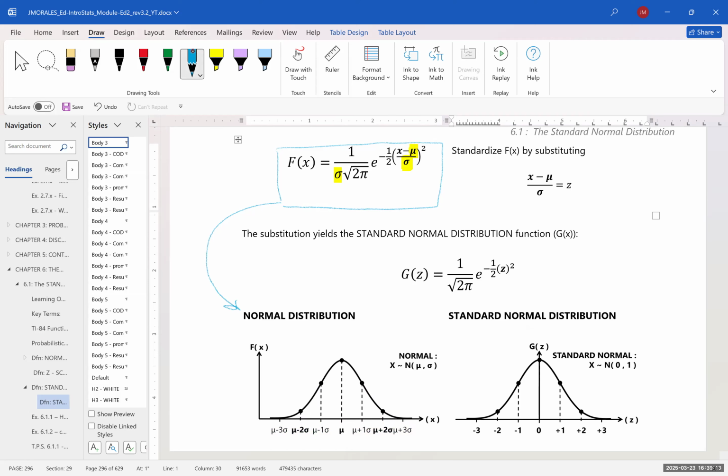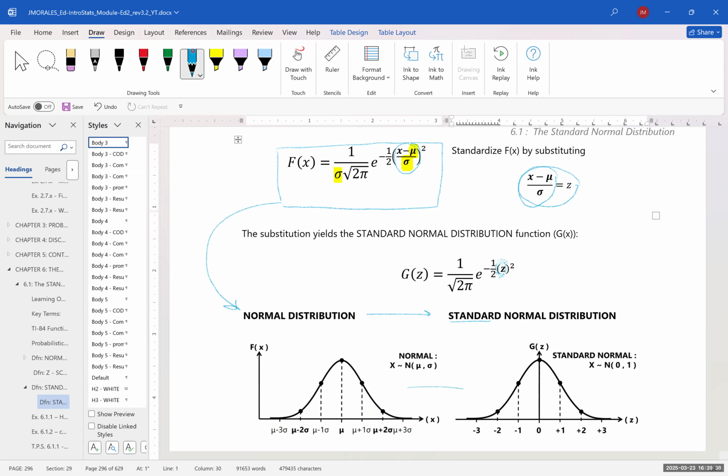But when we convert a normal distribution to a standard one, that's when we convert those values into a z-score. And if we take x minus mu over sigma and we substitute a z in here, that's where this z comes from, right there.